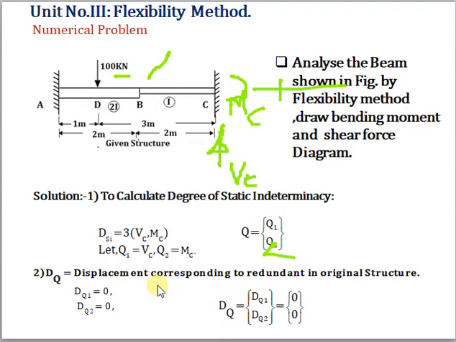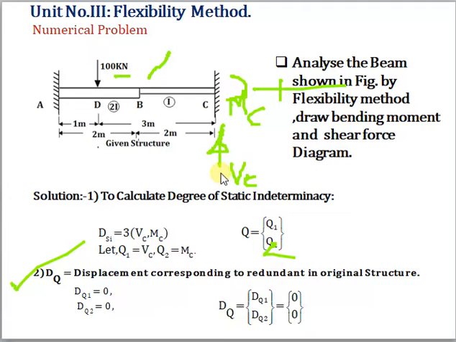Now the next point: find out displacement corresponding to the redundant in the original structure. These two are our redundants, Mc and Vc. In the direction of Vc, is there any external force acting in the original structure?